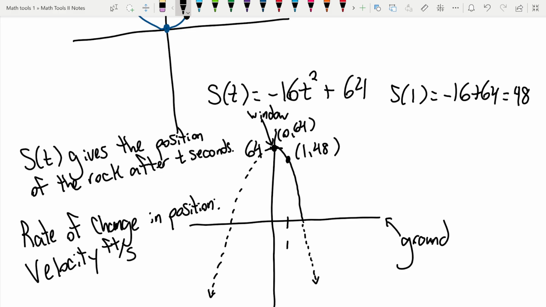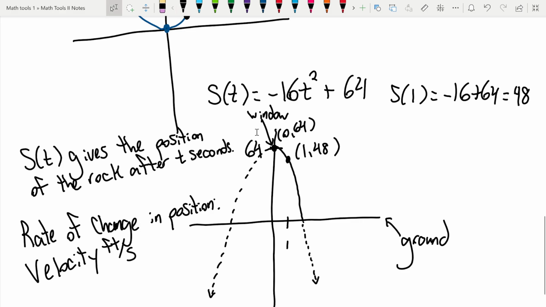If we want to know the average velocity, the average rate of change between 0 and 1, in other words, on average how fast is it moving between 0 and 1 second, we would find the slope between those 2 points. That would give us the average rate of change.